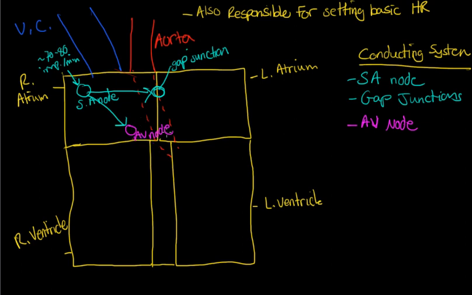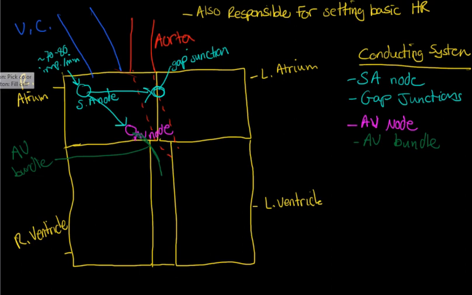Pick a different color since things are getting kind of tight here. Into the interventricular septum, and we've got now the AV bundle, or bundle of His, if that's what we've already discussed it as in class.